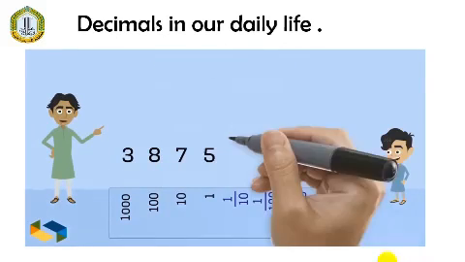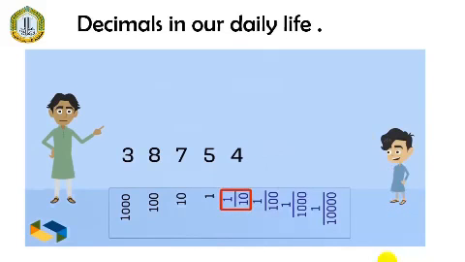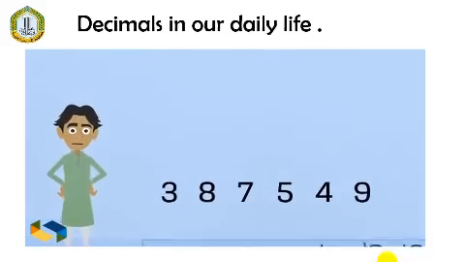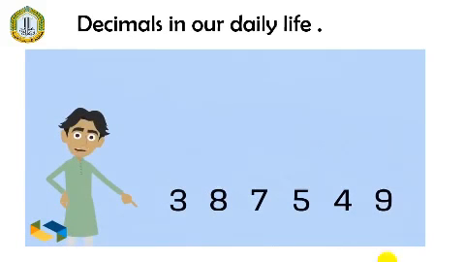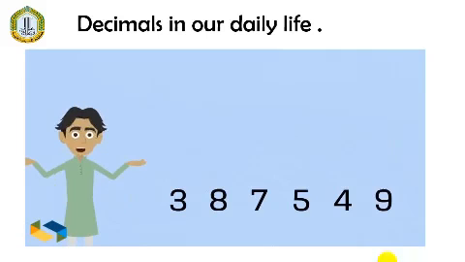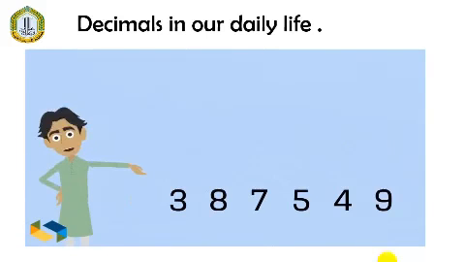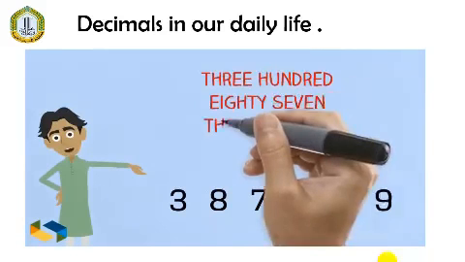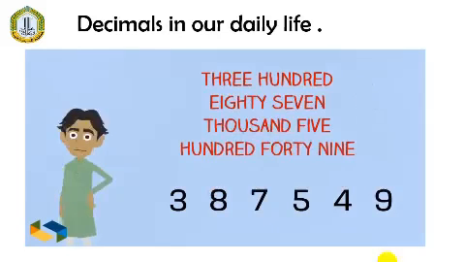So let's say we add 4 tenths and 9 hundredths of 1. But there seems to be a slight problem here. When you see these digits without their place value names, you don't know what the number really is. It actually now looks like 387,549, which it is not.